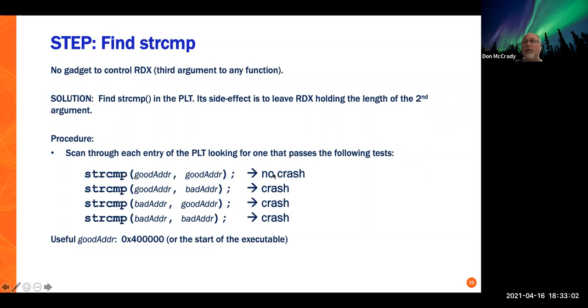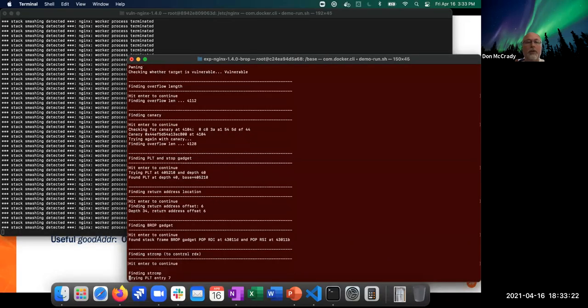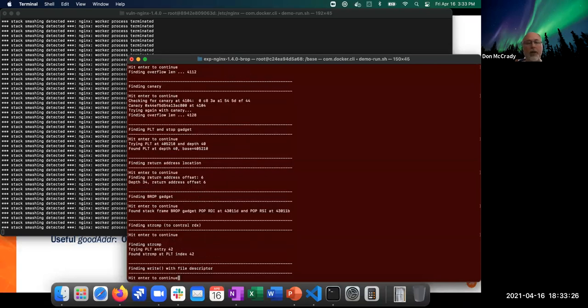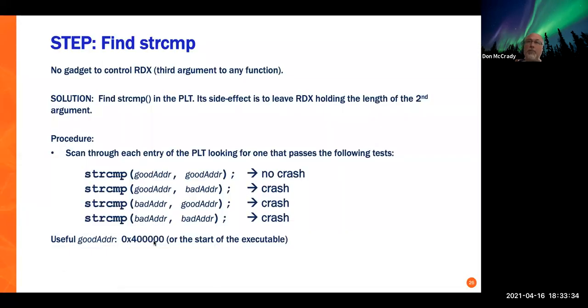If you pass two good addresses, it won't crash. And if you do any of the other combinations, you'll crash. So a good candidate for the good address is hex 400,000, which is the start of an ELF binary. And a bad address can be anything that's really bad, like 5 would be a bad address. So I'm going to scan through the PLT. I'm running each of those 4 tests on each entry that I find. I found strcmp at index 42. So now I control 3 arguments. I can call functions that take 3 arguments.